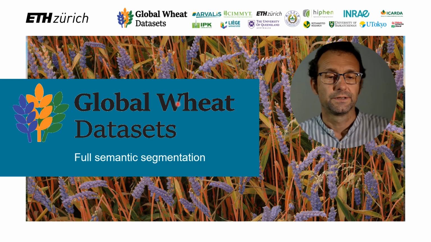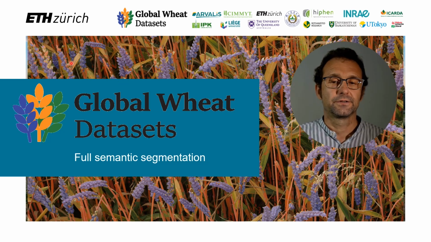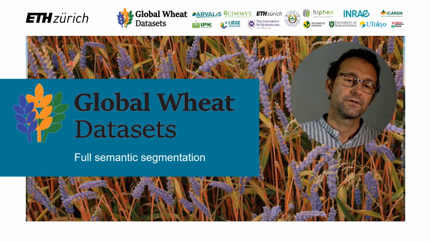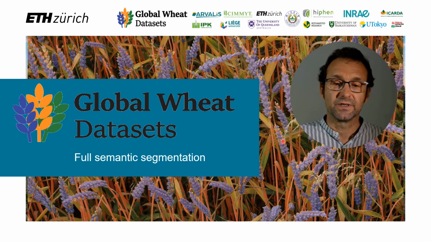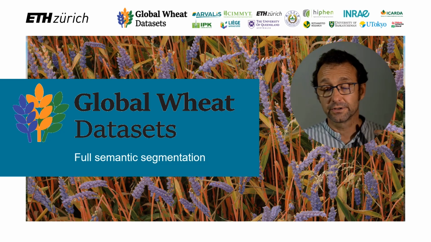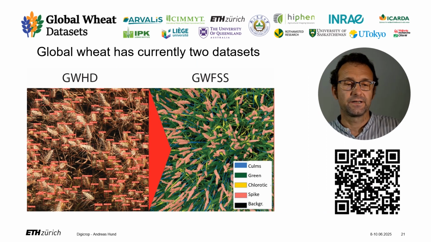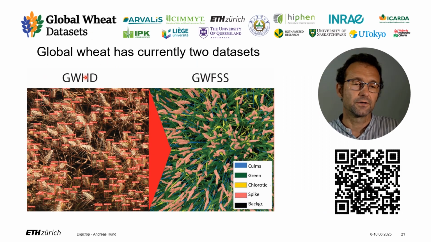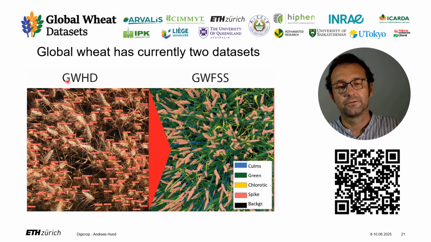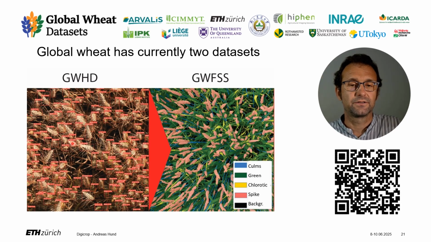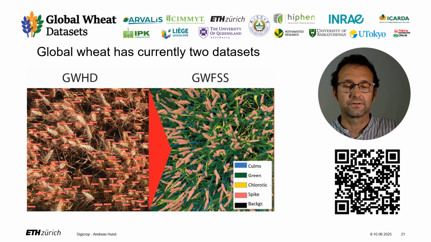So now we are going into the next iteration of it, namely the segmentation of the canopy into organs. The idea is to go from a global wheat head detection data set, which is one of the largest head data sets we have in wheat, to the next step where we try to get all the organs segmented.